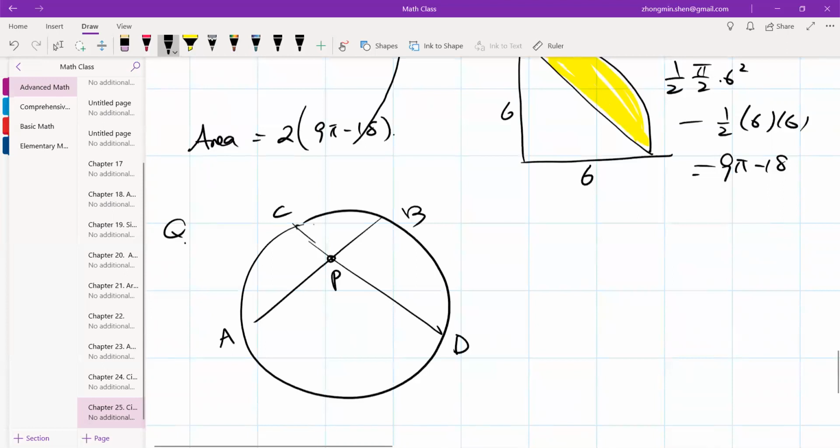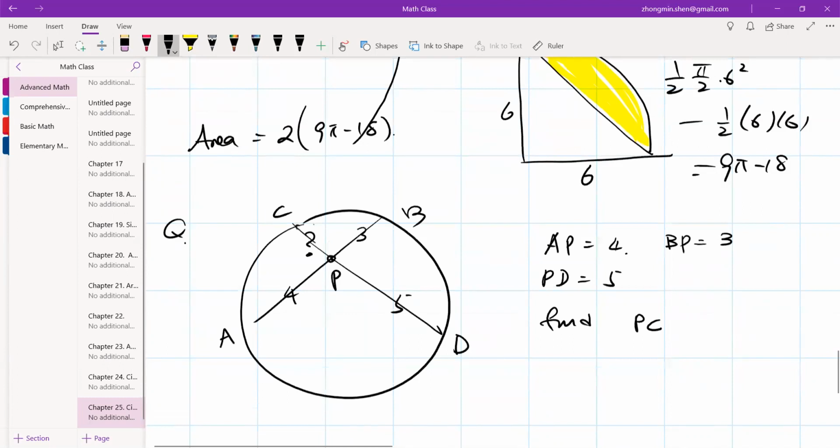Let's assume AP is 4, BP is 3, and PD is 5. Find PC.